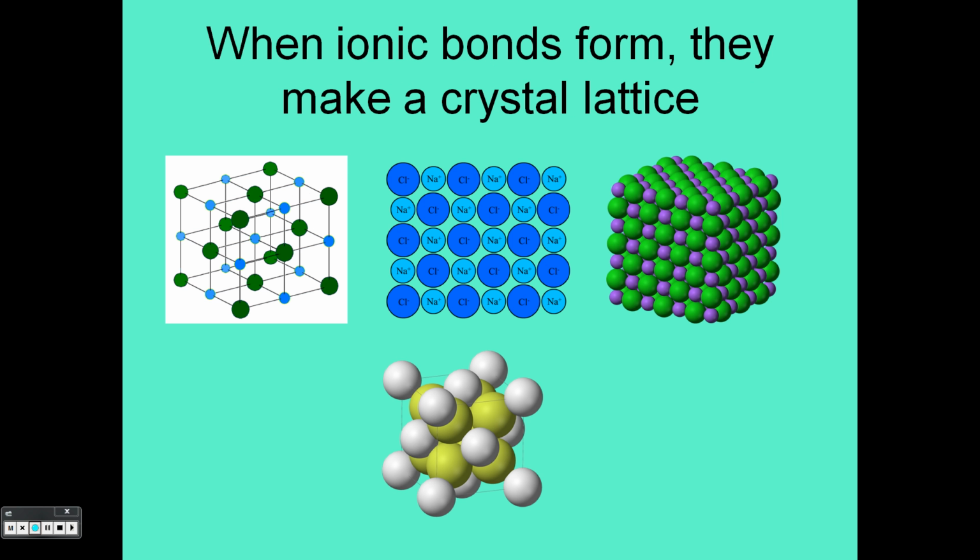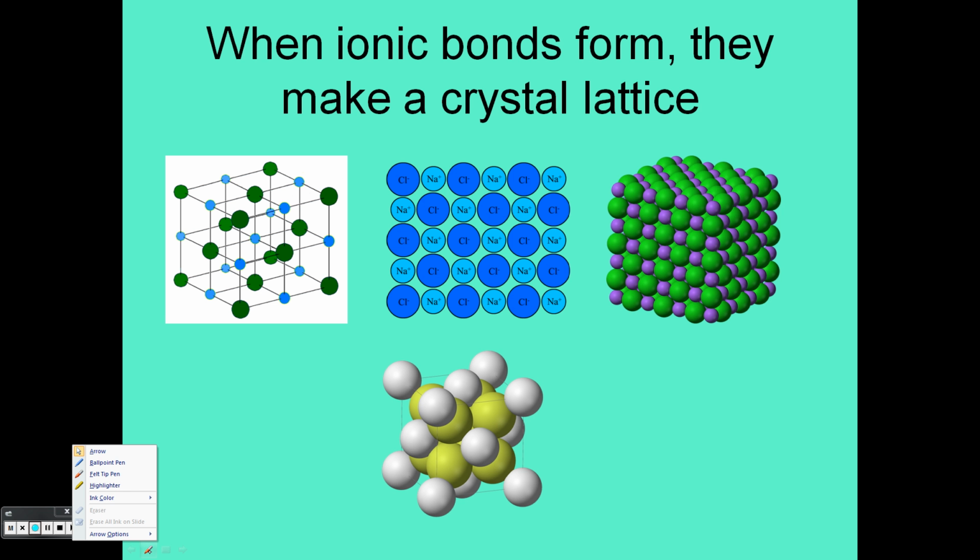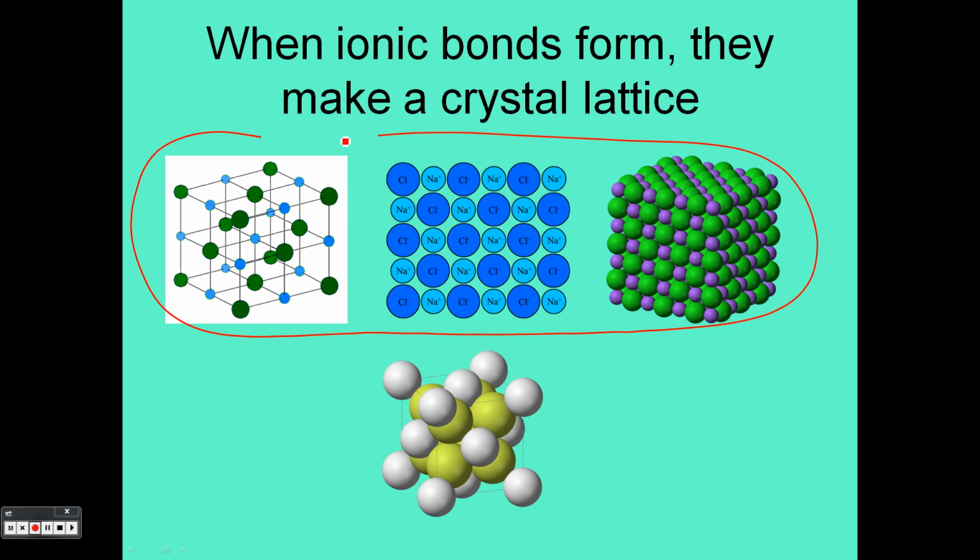When ionic bonds form, they make what's called a crystal lattice. Whoops, let me get back there a second. And I'm going to want the pen here. So they form this lattice structure, and these top 3 pictures are all just different versions of a sodium chloride bond, so table salt. When we're talking about ionic compounds, we never talk about one compound.